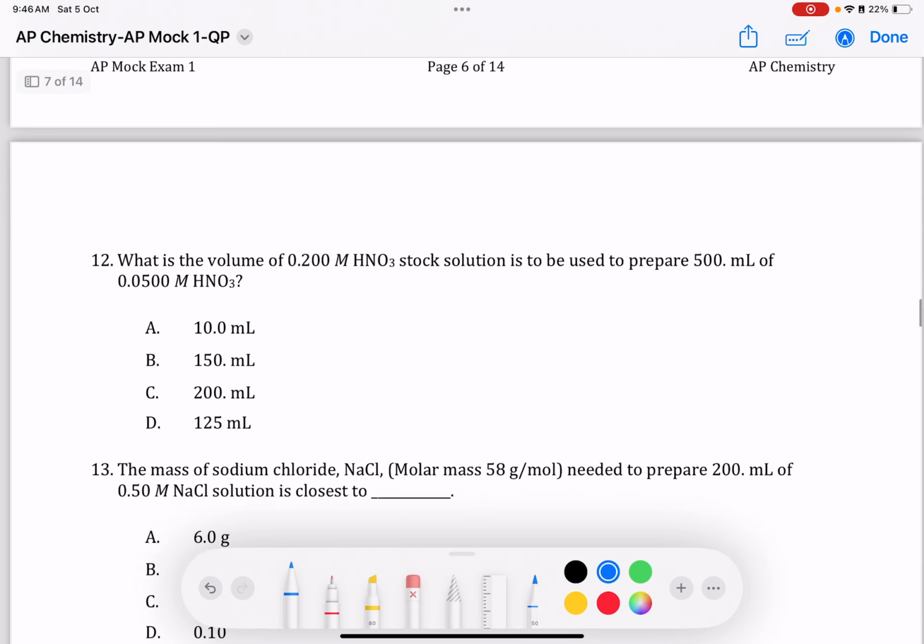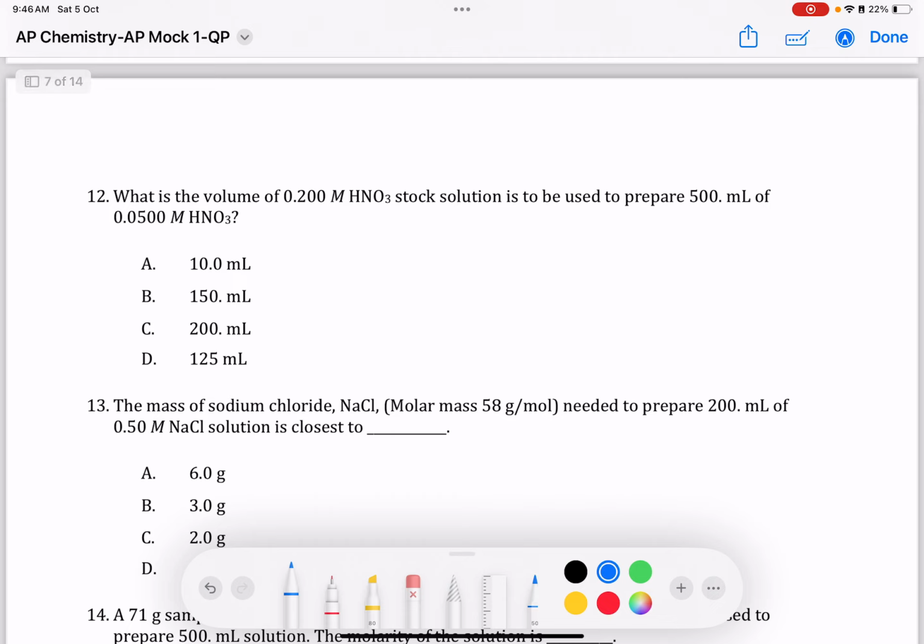Moving on. What is the volume of 0.2 molar HNO3 stock solution to be used to prepare 500 milliliters of 0.05 molar HNO3? So we're talking here about taking a sample of a stock solution and diluting it in order to prepare a lower concentration.